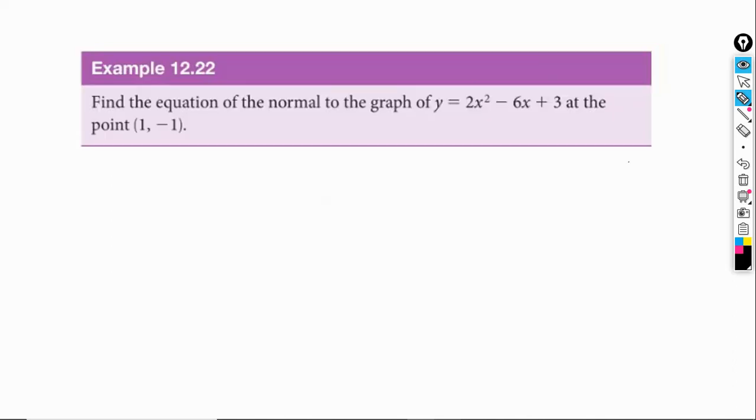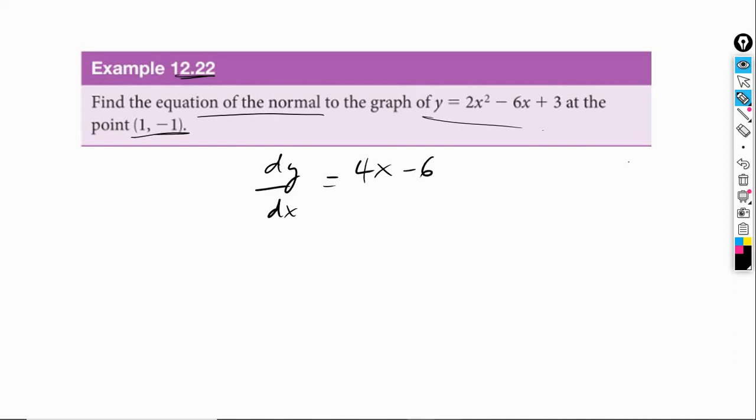So that's precisely what they want us to do in example 12.22, to find the equation of the normal of a graph at the point (1, -1). So this is the function. Let's find the derivative. So dy/dx would be equal to 4x minus 6.